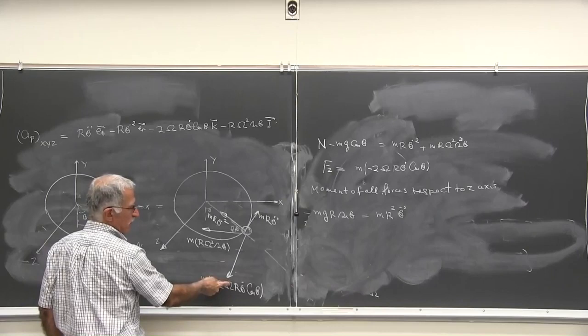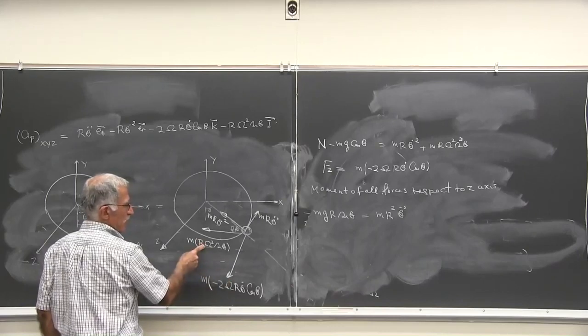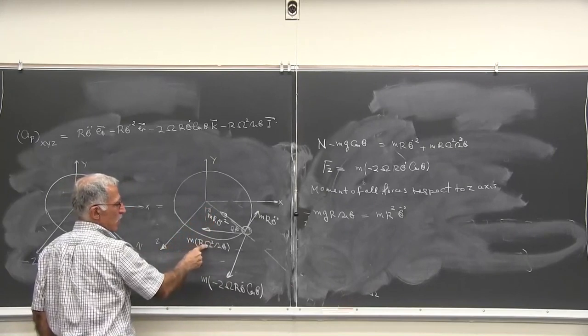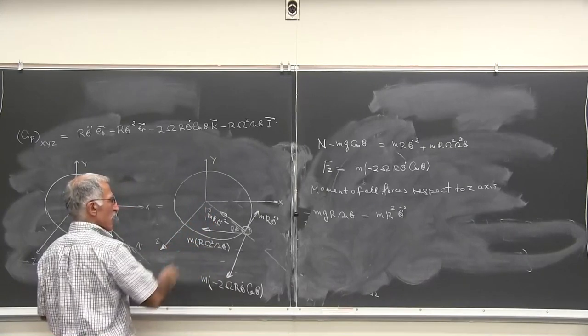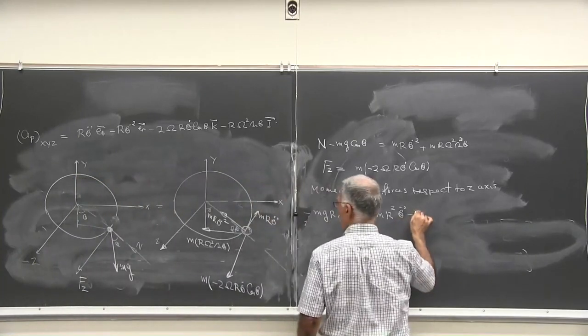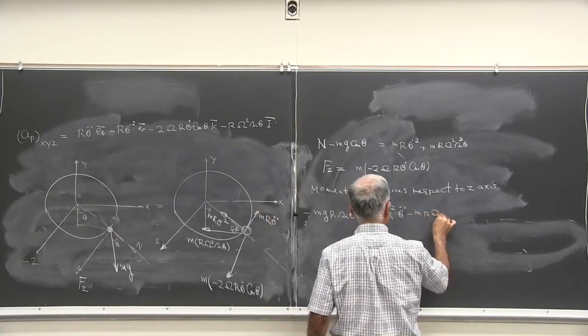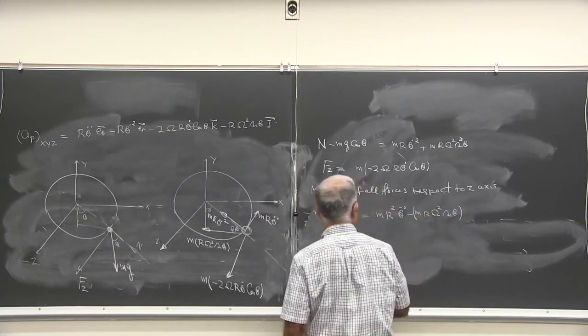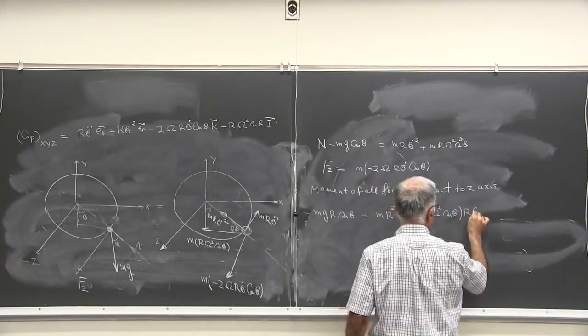This one is parallel to the z-axis, but this one has a moment with respect to the z-axis, and that's negative: m r omega squared sine theta, times r cosine theta. So minus m r omega squared sine theta times r cosine theta.